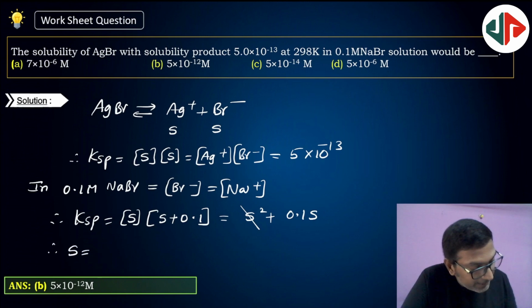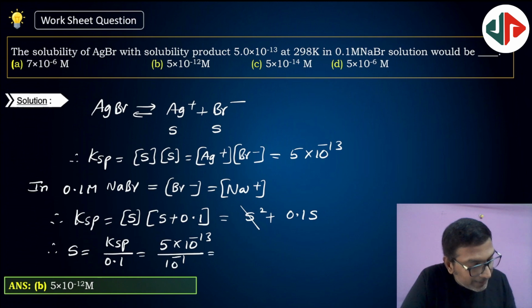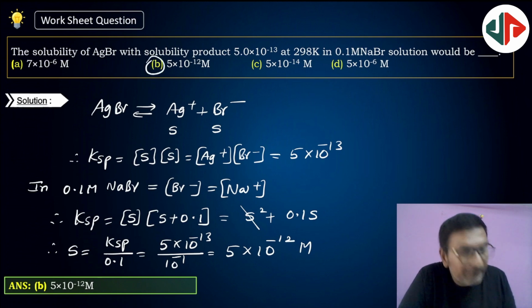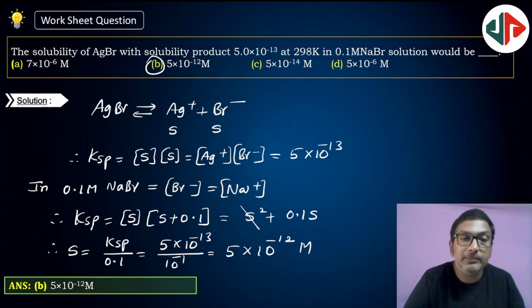Therefore S equals Ksp by 0.1. So 5 into 10 power minus 13 by 10 power minus 1. Therefore 5 into 10 power minus 12 molar. So option B. Therefore solubility decreases due to common ion.